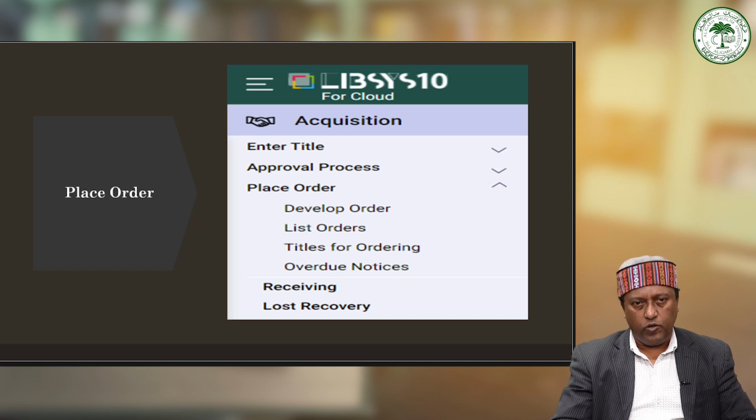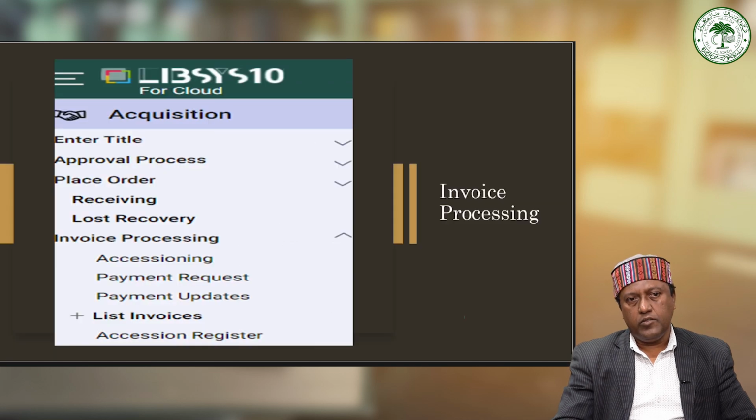If you have received the items, then automatically it goes to the next segment, that is receiving. Then for invoice processing, once you have received, the invoice needs to be processed, and the first step in invoice processing is accessioning. Accessioning is where you enter the complete record in the accession register.